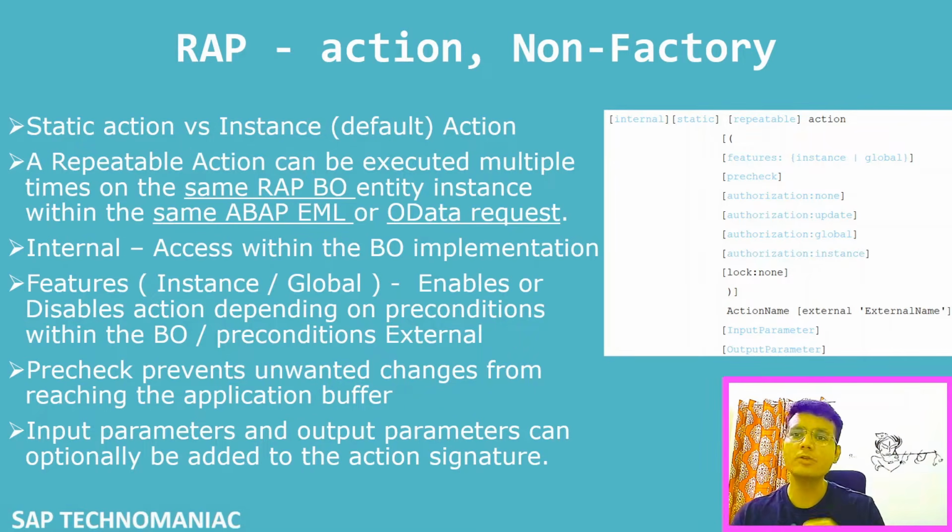So in that case we will use lock none. For example, I want to copy a travel instance. I select one travel and click on the copy travel button. It will trigger one action in the backend, copy travel. In that case, I don't want to lock that particular instance which I am copying.